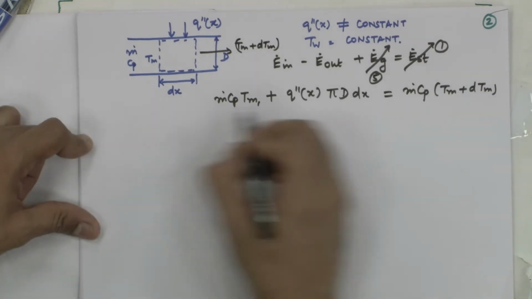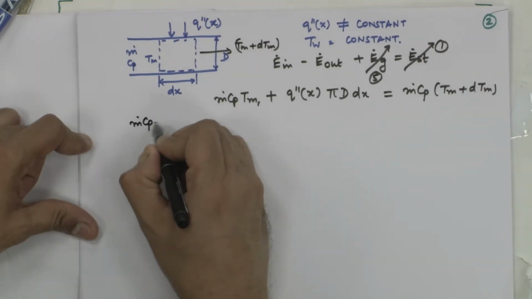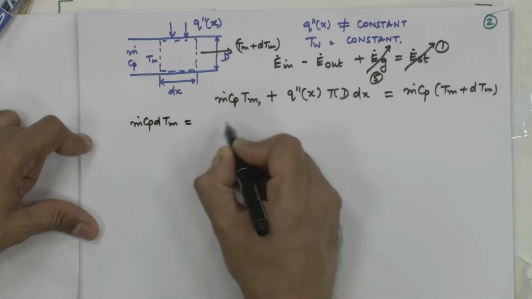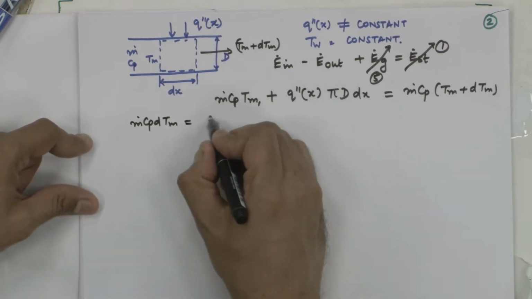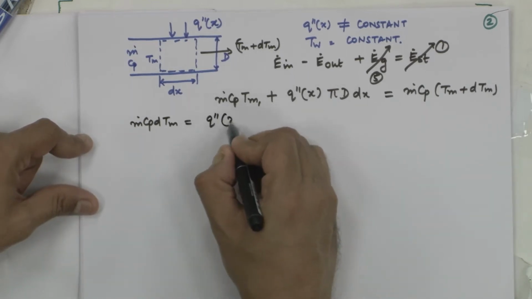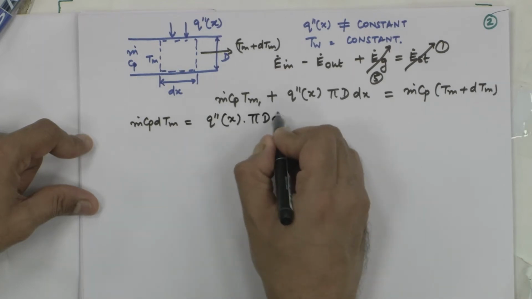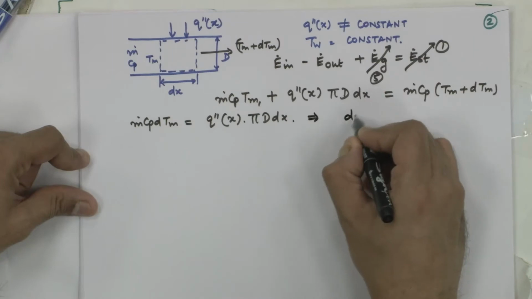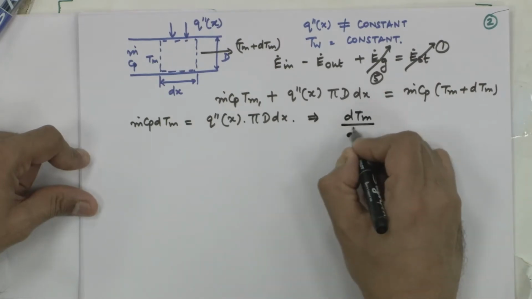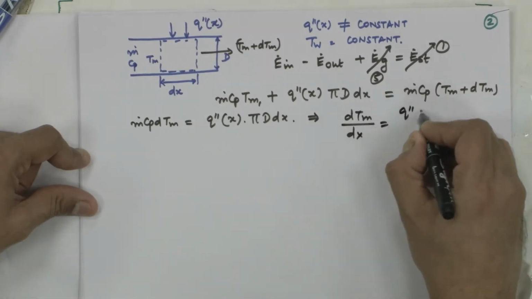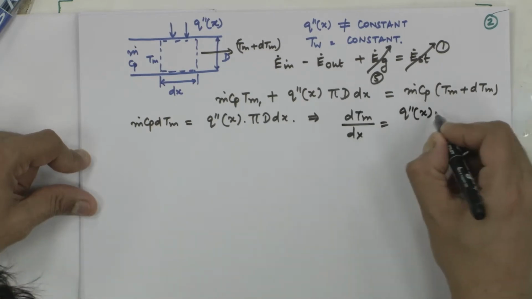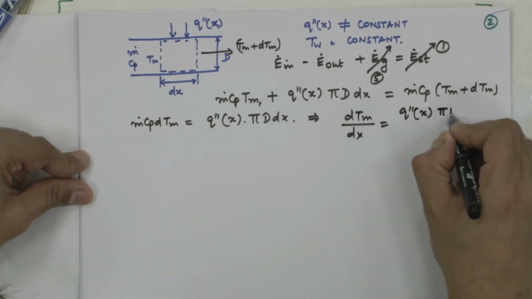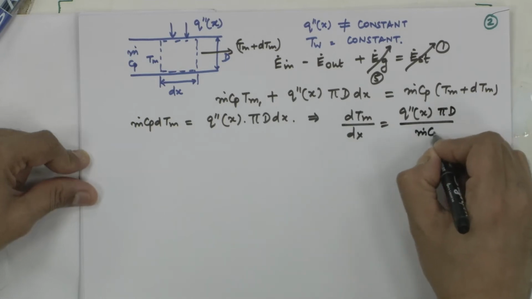So, if I segregate the variables, I get m dot Cp dTm is equal to q double prime local pi d dx, or if I make this a little tractable, dTm by dx is equal to q double prime local, I continue to use this bracket as a function of x, divided by m dot Cp.